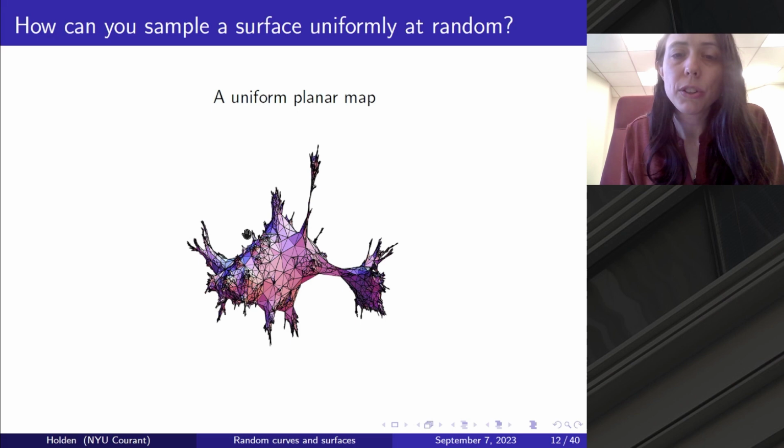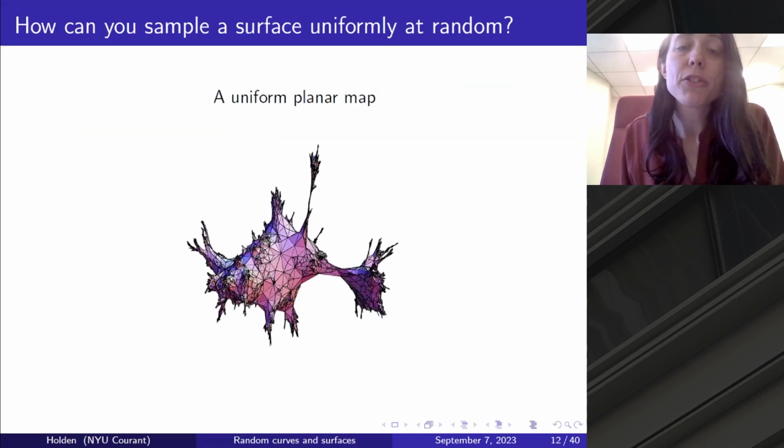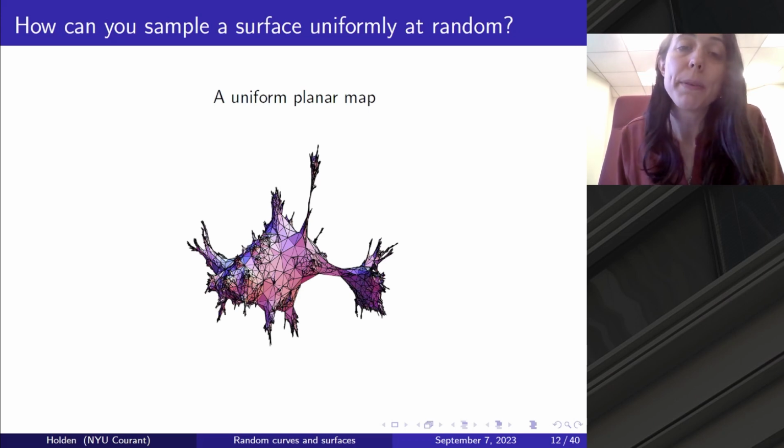As mentioned on this slide, the planar map is only defined modulo continuous deformations. Therefore, if you have a planar map, it's not obvious how to draw it. In this figure, the planar map has been embedded into R3.